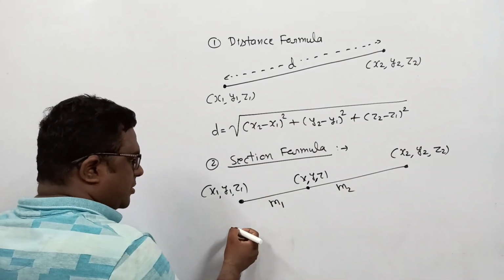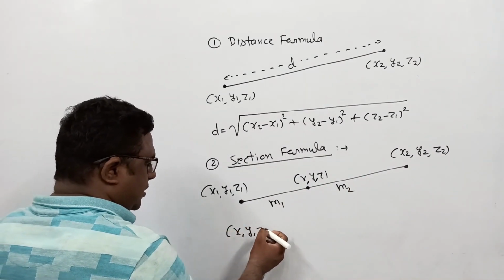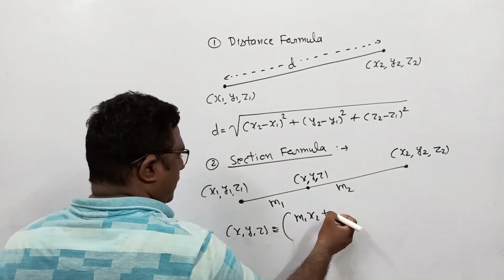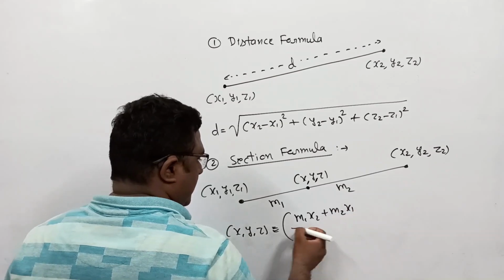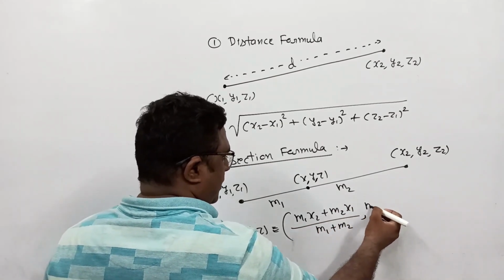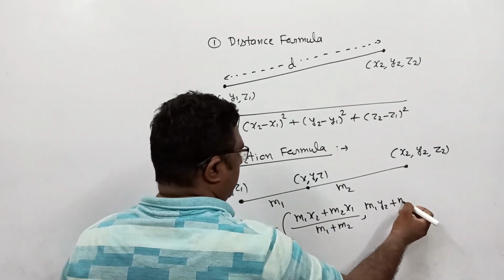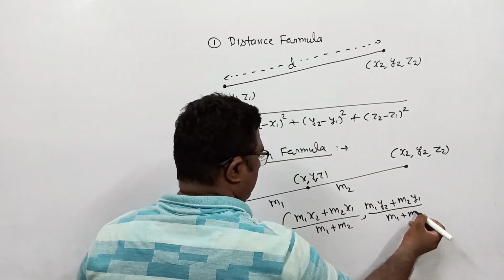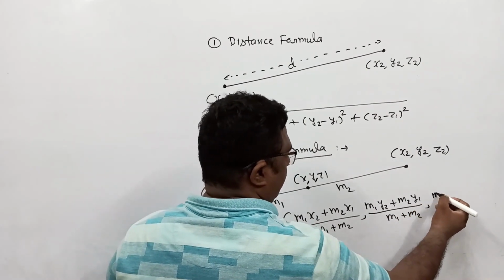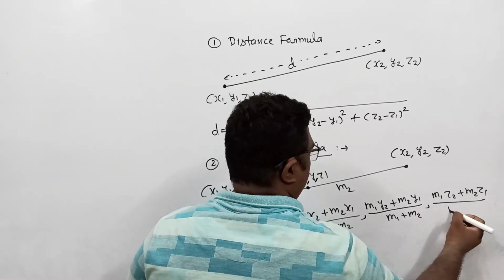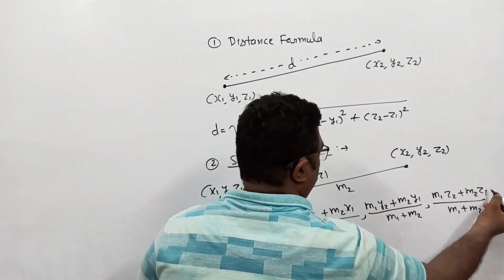Then according to section formula, x, y, z is equal to (m1 x2 plus m2 x1) upon (m1 plus m2), comma (m1 y2 plus m2 y1) upon (m1 plus m2), comma (m1 z2 plus m2 z1) upon (m1 plus m2).